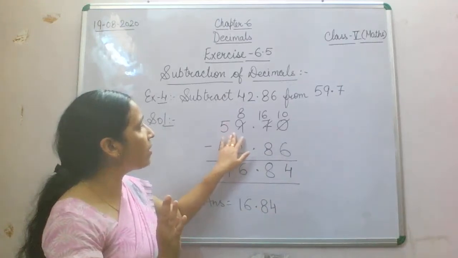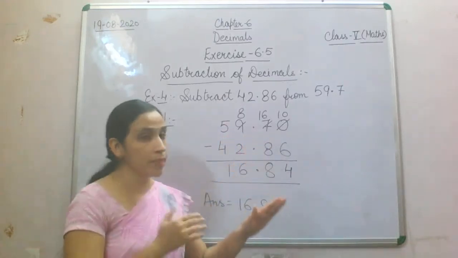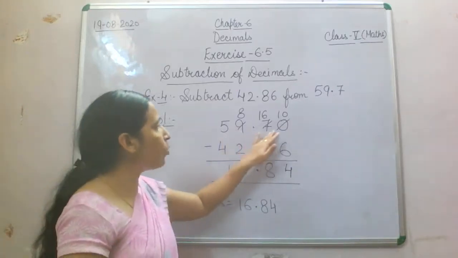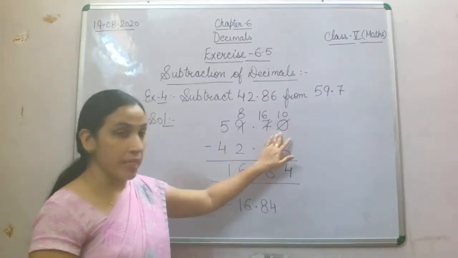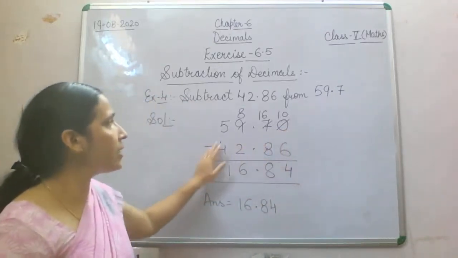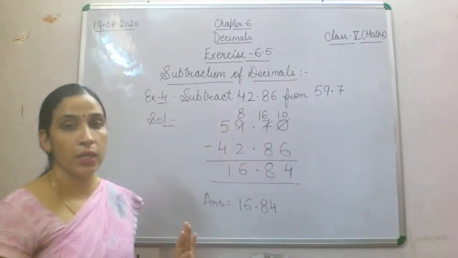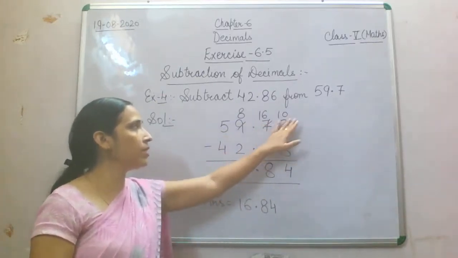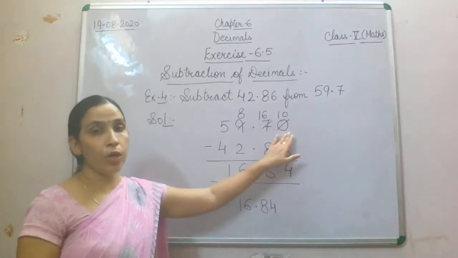So now what we have done: 59.7, because 59 is bigger. So from 59.7, for changing it into like decimal, we have added 0 over there, minus 42.86. Then we'll start doing the subtraction. Now from 0 you cannot subtract 6.